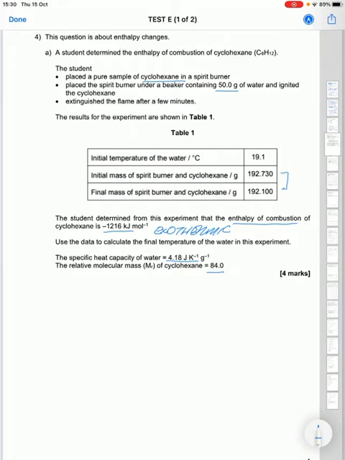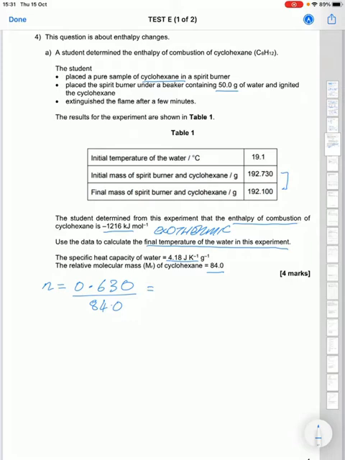Right, what am I asked to calculate? I need the final temperature of the water in this experiment. Okay, so let's start with the number of moles. Number of moles is going to be the mass, and the mass is going to be 192.730 minus 192.1, which is 0.630. Mass divided by the MR, which we're given, is 84.